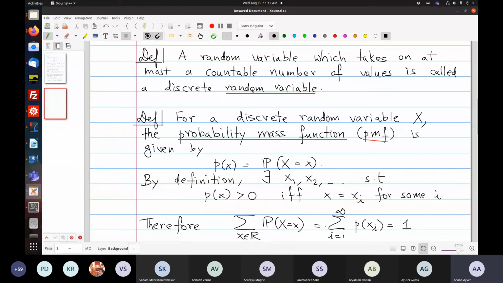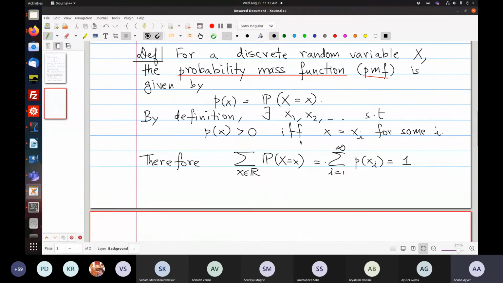So here, this kind of sum is usually not well defined, right? Because I'm summing over all reals, so this usually blows up.